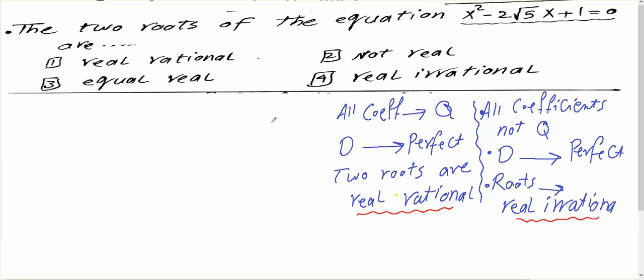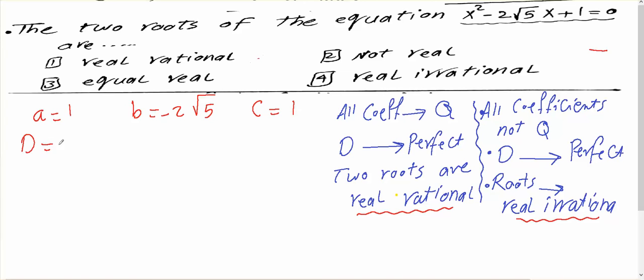Let's start here. x power 2 minus 2 root 5x plus 1 equals 0. With a the coefficient of x power 2, a equals 1, b equals negative 2 root 5, and c equals 1.